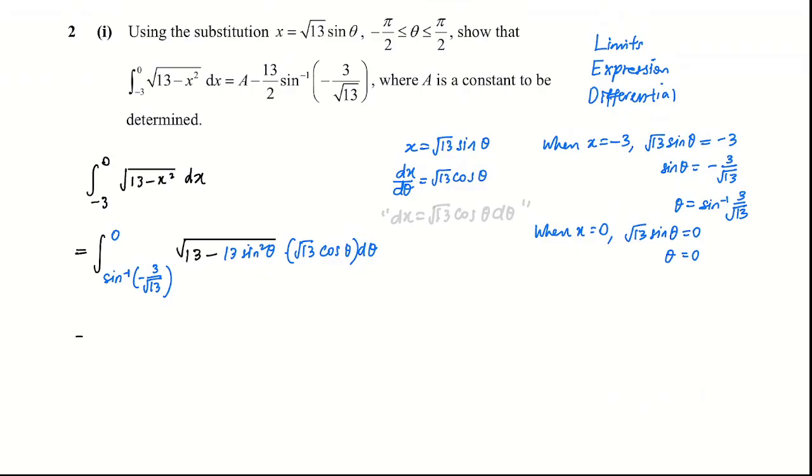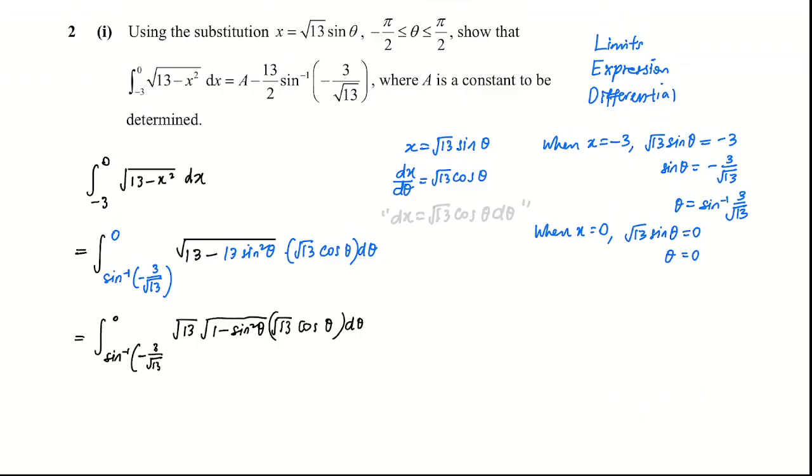Now let's try to simplify and try our best to integrate. So this one inside over here, let's pull out the 13. When you factorize out the 13, it's actually root 13, then over here we have 1 minus sine square theta. Then we have another root 13 cosine theta d theta.